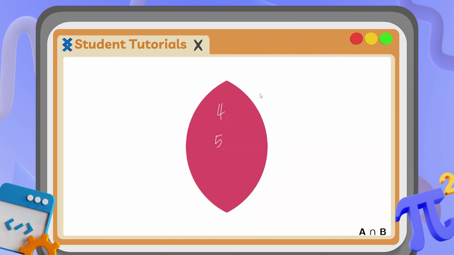So with this, we see that the intersection of A and B would contain the elements 4 and 5.